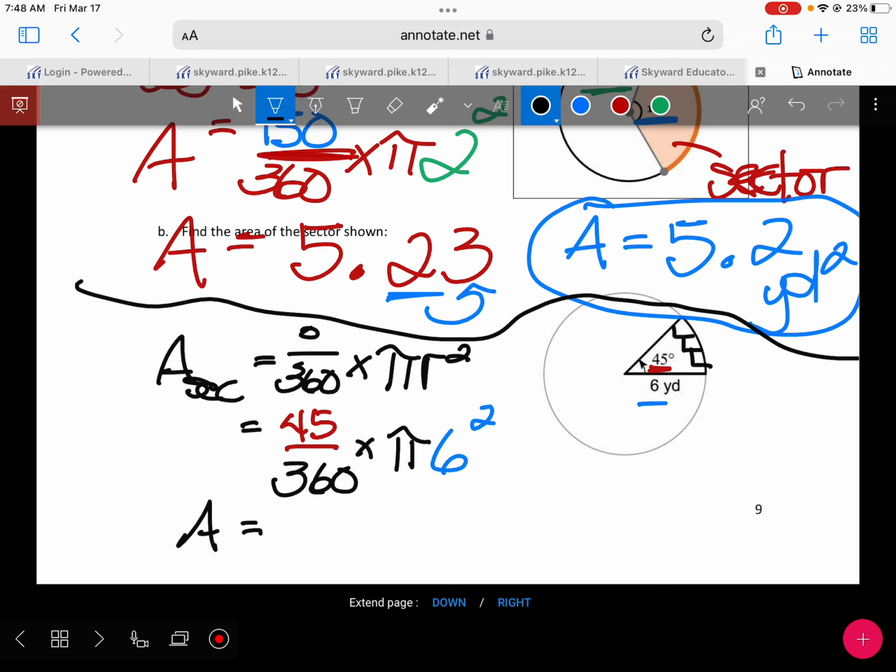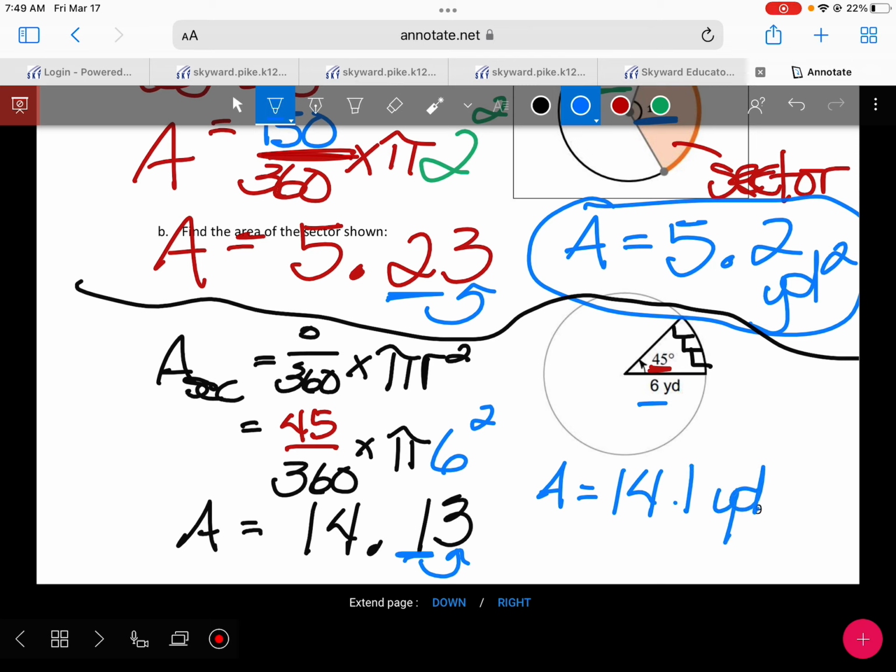Hit enter, and if it gives it to you in pi, hit the 2 little arrows above to take it to the decimal. Who's got an answer? Somebody other than Starla. She did the last one. That is correct. 14.13. If I'm taking it to the 10th place, look next door, that's less than 5. So the area of this sector is 14.1 yards squared.